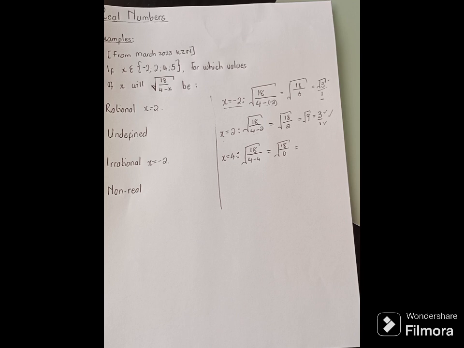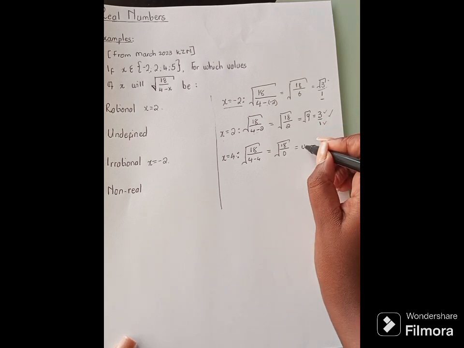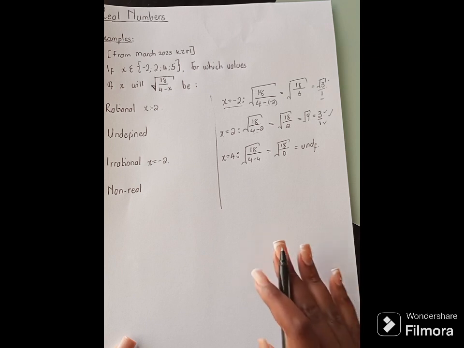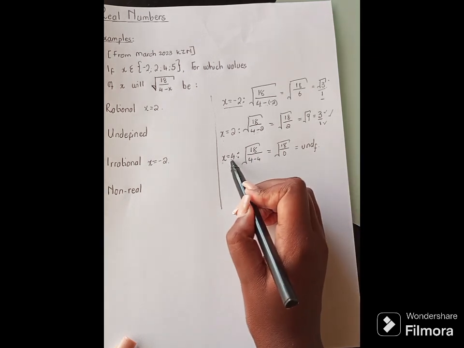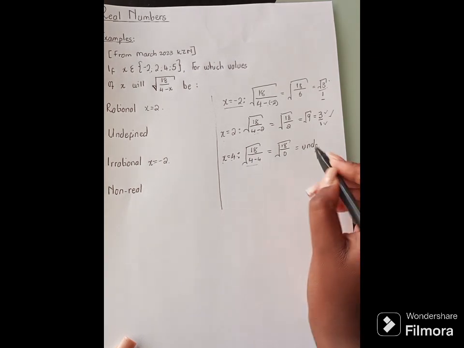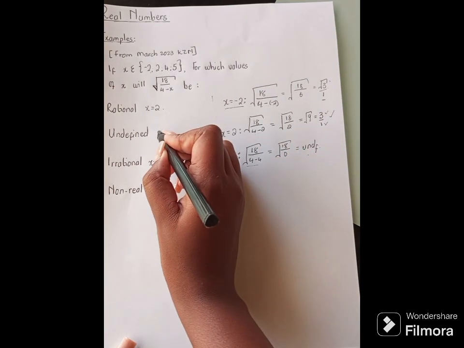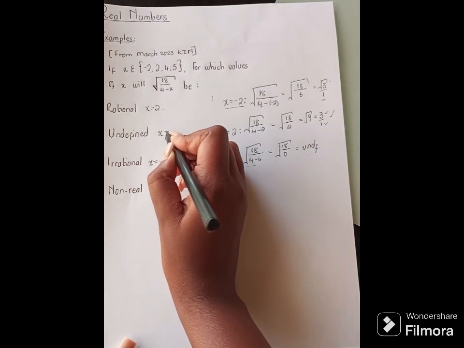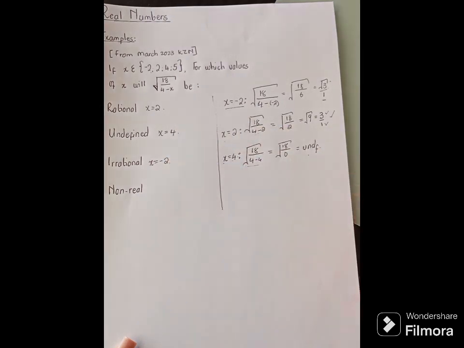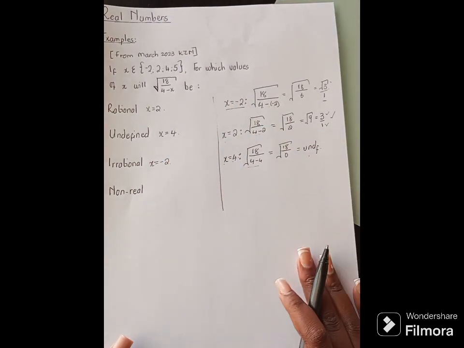That is because any number divided by 0 is undefined. Therefore, we can see that when x is equal to 4, this number becomes undefined.